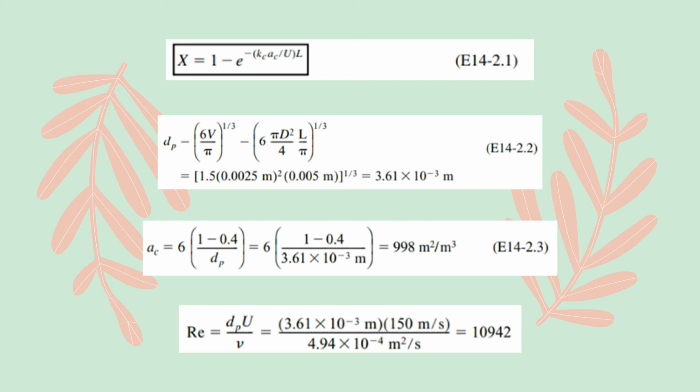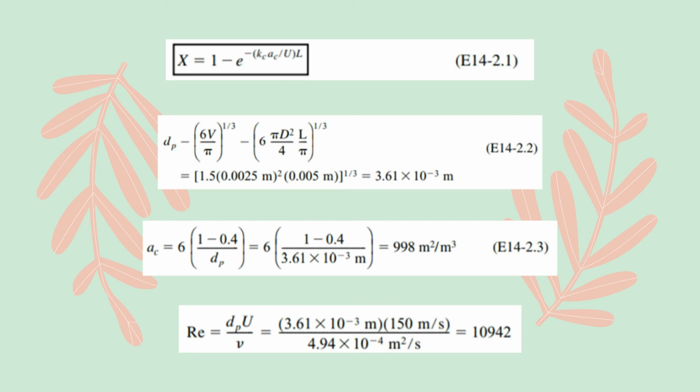To find the volume average particle diameter, we'll be using the formula, the quantity of 6V over pi raised to 1/3. Since the volume of a cylinder is equal to pi d squared over 4 times L, simplifying that, we will obtain the quantity 1.5 d squared times L raised to 1/3.